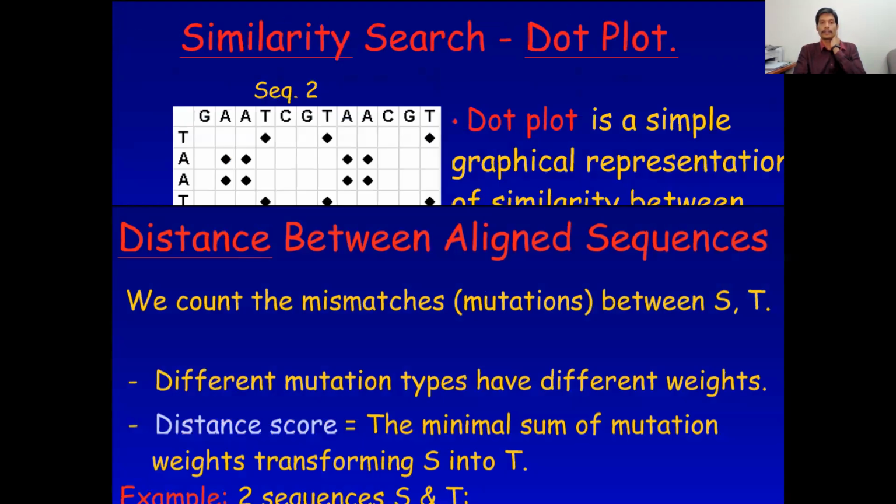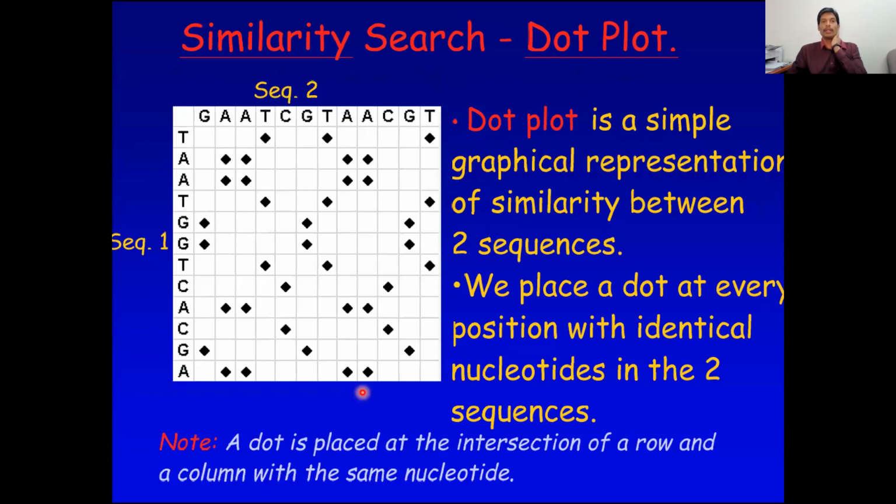Okay, this is one of the ways two sequences can be checked. This is called a dot plot. What is this? For sequence 1, all the nucleotides can be put in the Y column, each in a box. For sequence 2, we can put each in a box on the X axis.